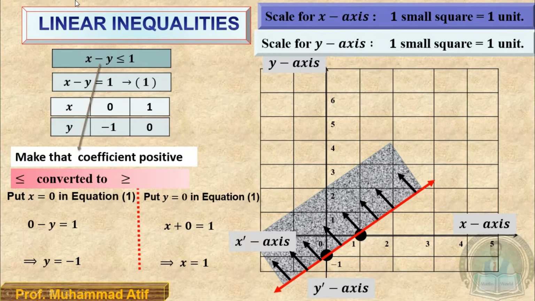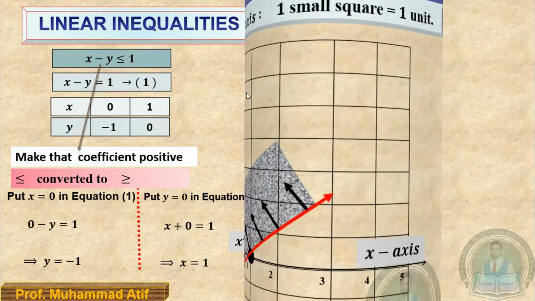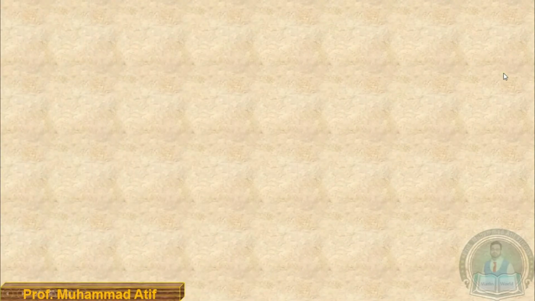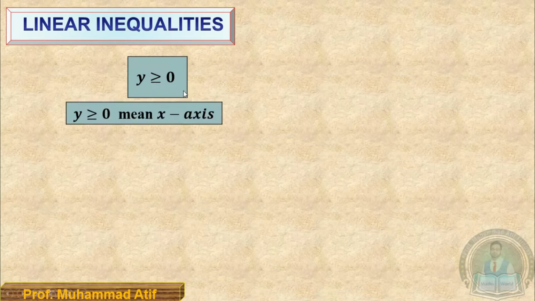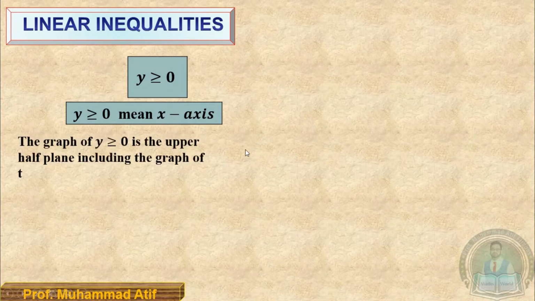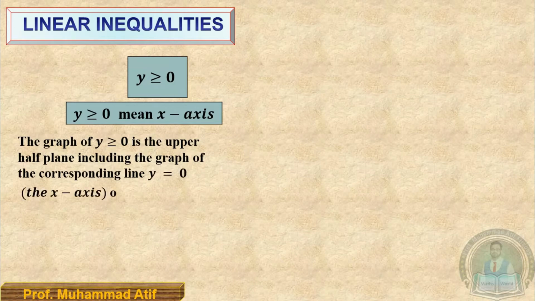Okay, so next, coming back to our main point, a very important two notes. If you have to shade y greater than or equal to 0, then what will happen? Y greater than or equal to 0 means you are talking about the x-axis, where all the values of y are 0. So you are talking about the x-axis, and the graph is the upper half plane including the graph of the corresponding line.